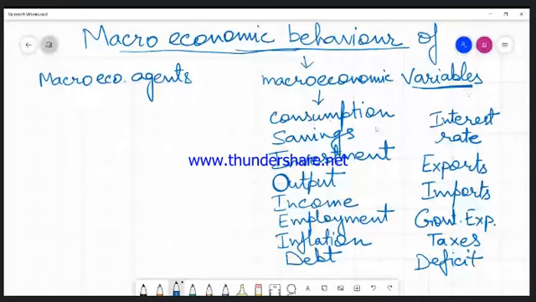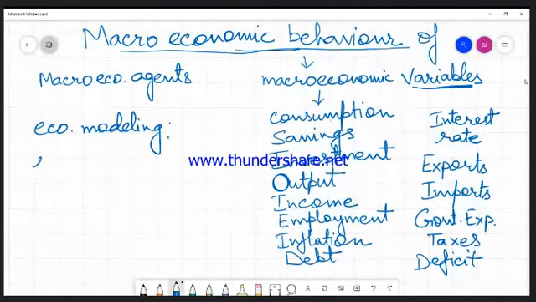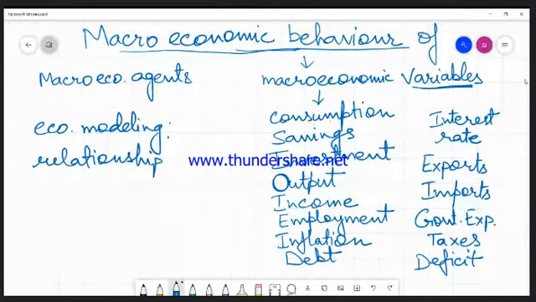So modeling is related to these macroeconomic variables. So what is modeling? Relationship, or behavior, between macro variables.